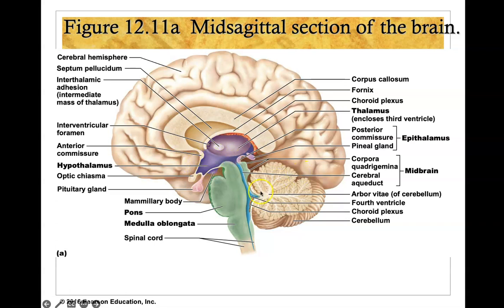Now, what's cool is if you want to see the pineal gland when you're in lab for dissection purposes, all you do is you stick your fingers in here and pull up the occipital lobe of the cerebrum and pull it back from the cerebellum, and you'll be able to see this little pineal gland.